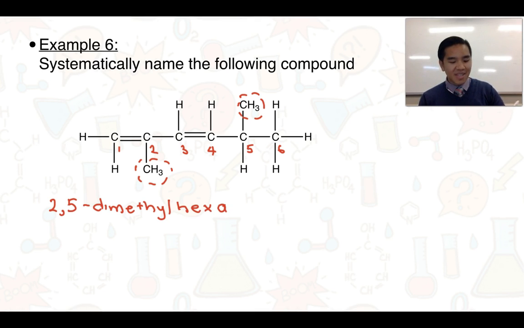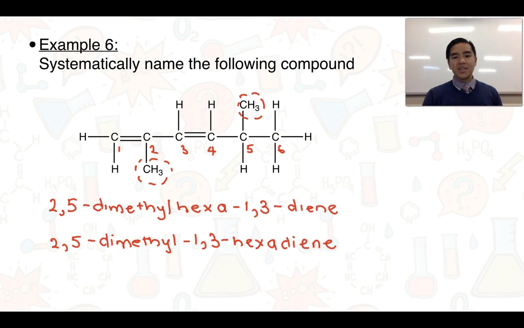I'll call it a hexa. We've got the double bonds on carbon 1 as well as carbon 3. So it's hexa-1,3-diene. I'll write the alternative name underneath. And so we have both of the ways we can name this specific alkene.